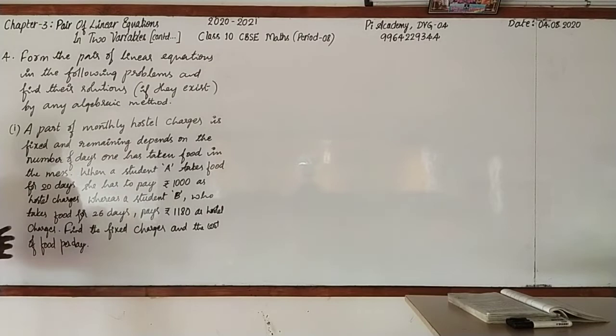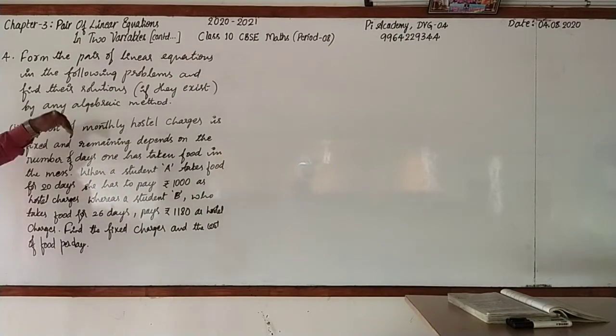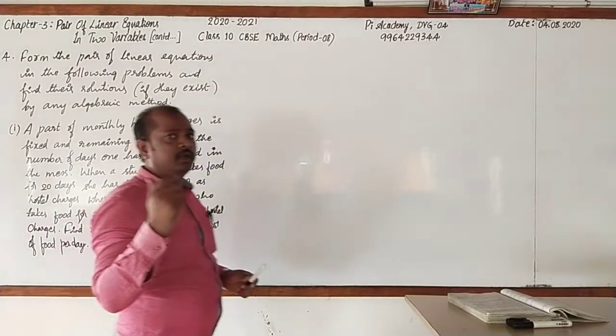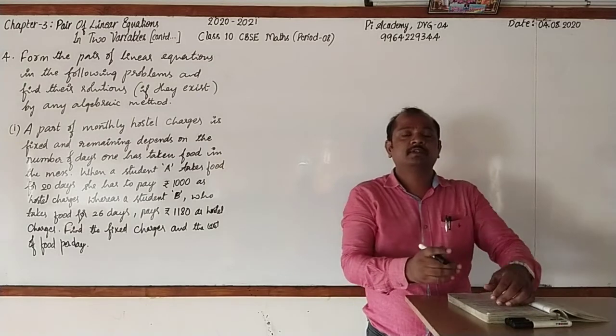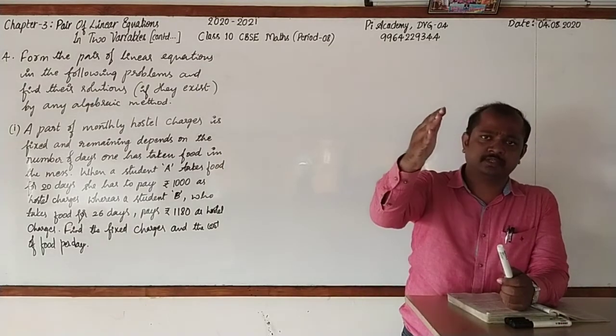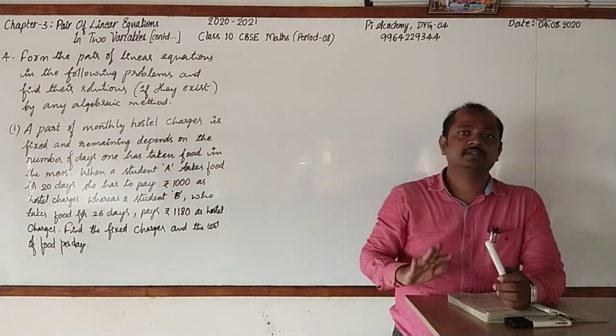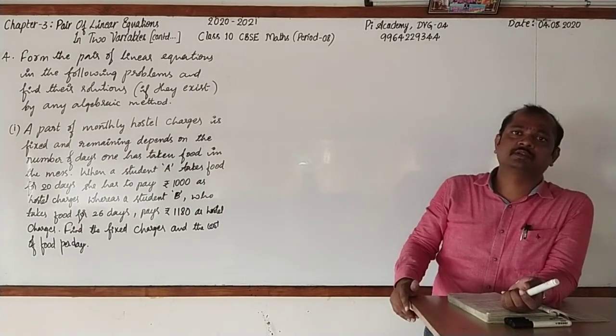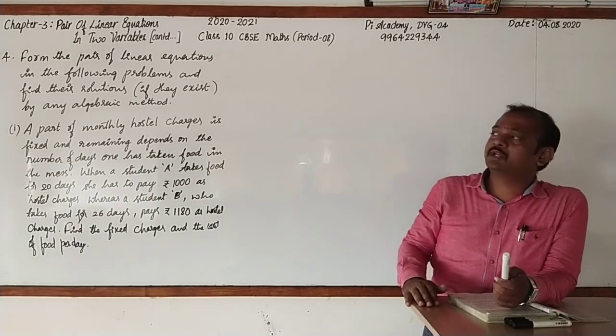We have to check whether the solutions are existed or not. We have a condition for that. Then by any algebraic method, we have three important algebraic methods. They are, one is elimination, second one is substitution, third one is cross multiplication. Whichever you want, you can go through that.